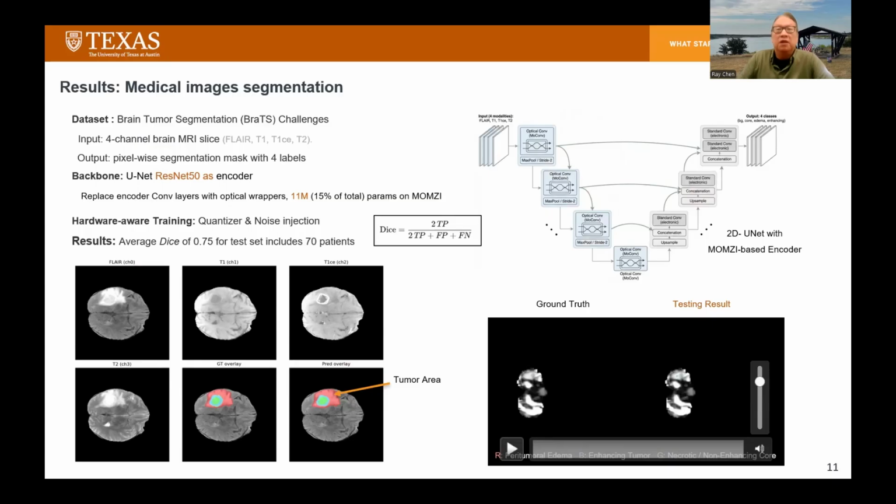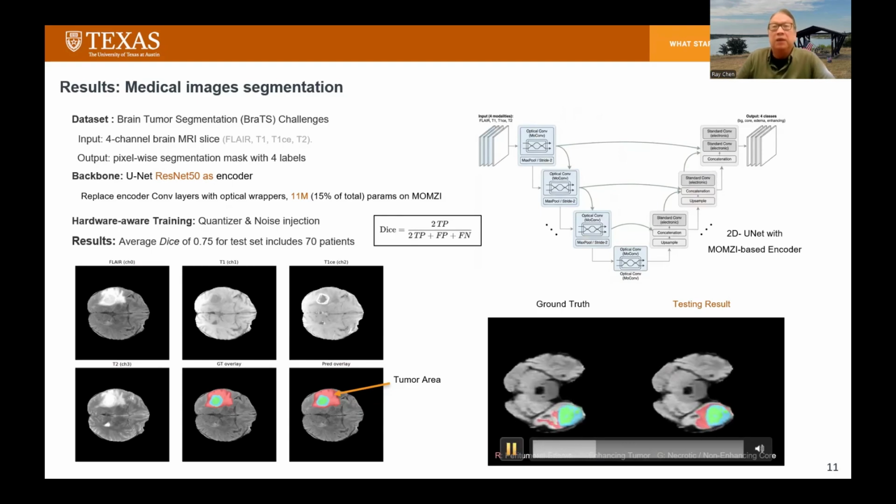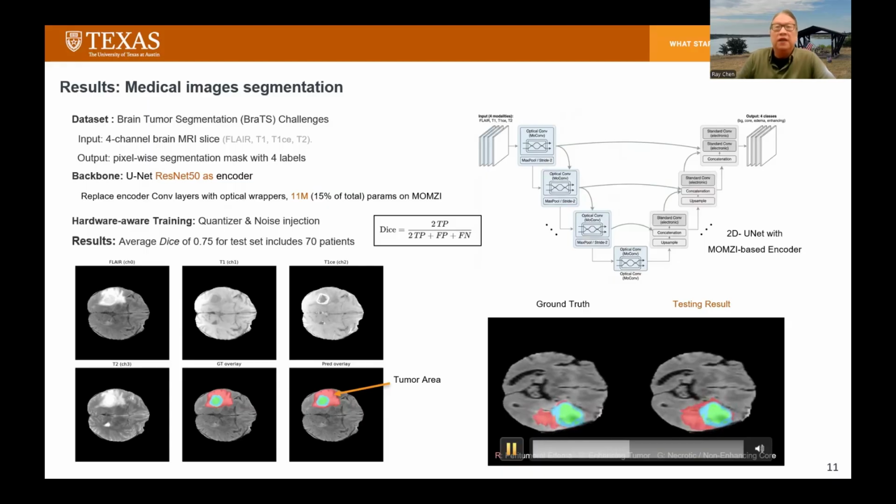Here, we report a Dice score, which measures the overlap between the prediction and the ground truth. On the test set of 70 patients, we achieve an average Dice of about 0.75. At the bottom, we show an example across the 4 MRI sequences, plus the overlay of the ground truth and our prediction.